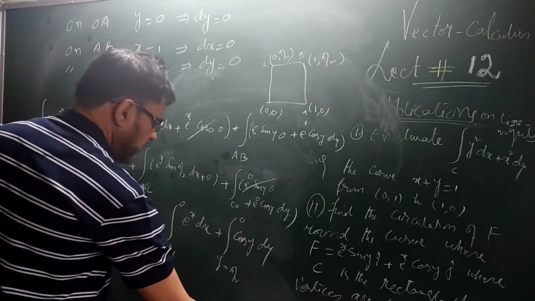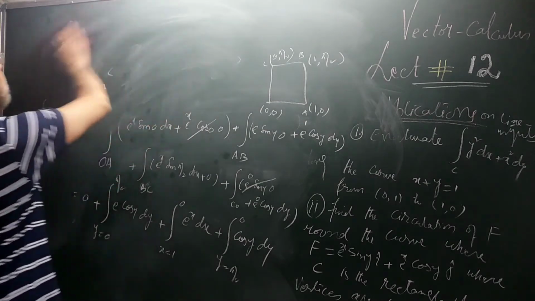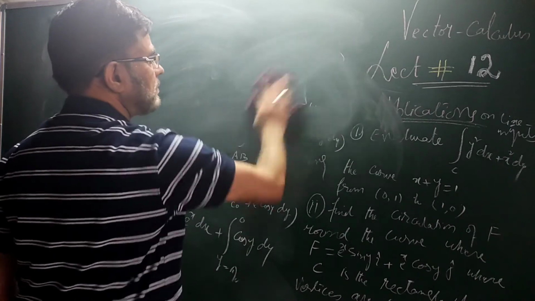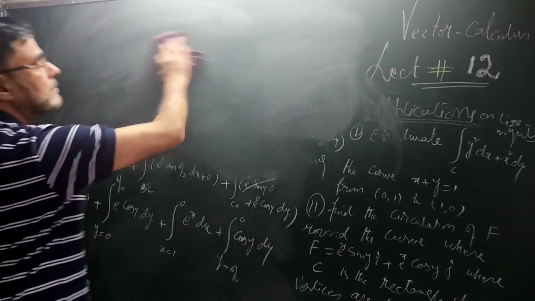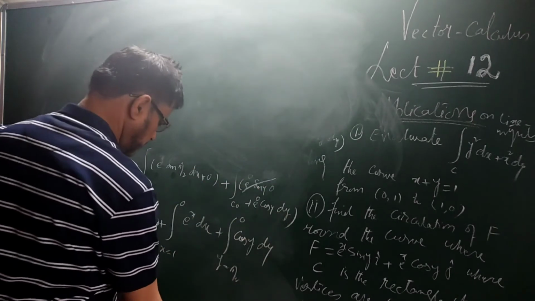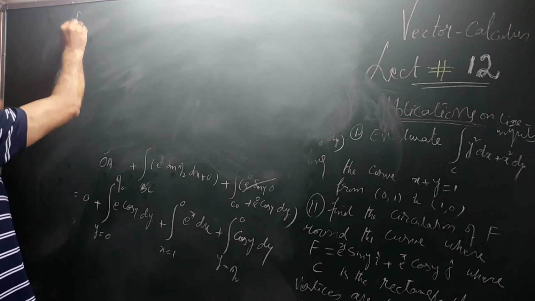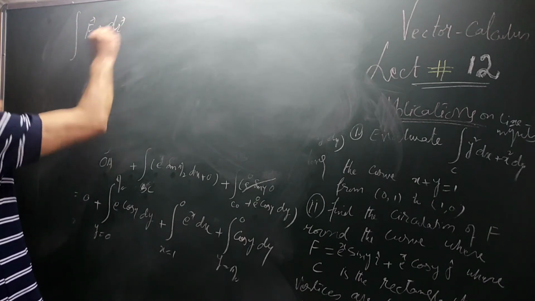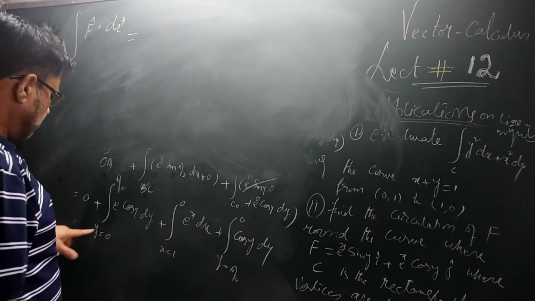I hope you have understood this concept. Let us now see what happens in the further bit. Well, this we are finding out, f dot dr, line integral along the curve C, where curve C is our rectangle.